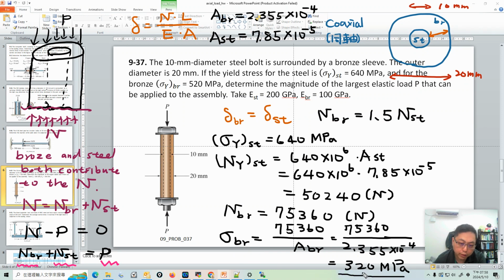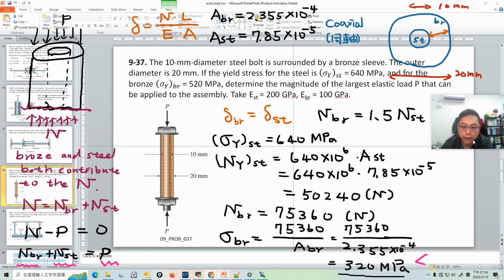You will see this 320 megapascal is smaller than the yield stress of the bronze. What's the value?